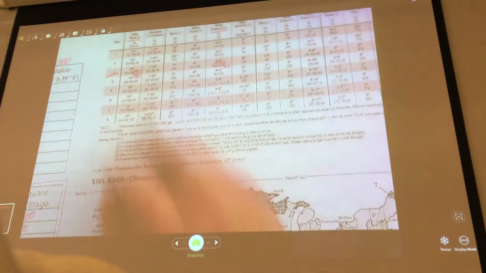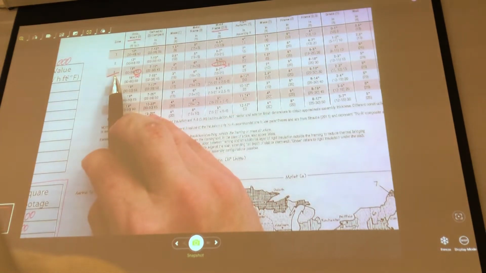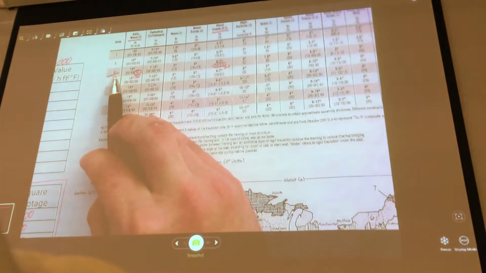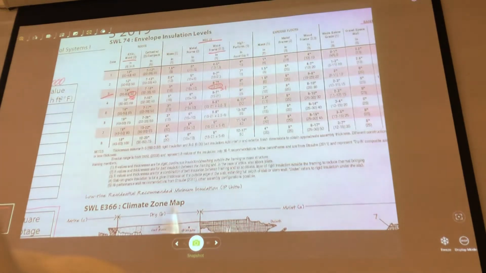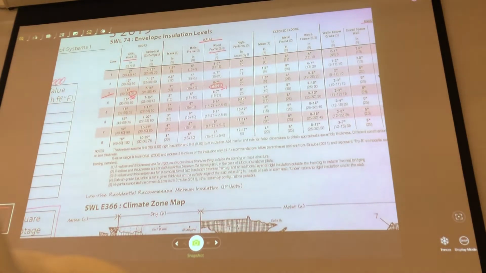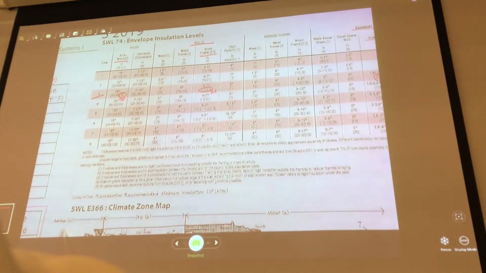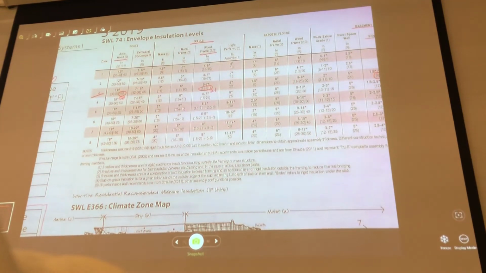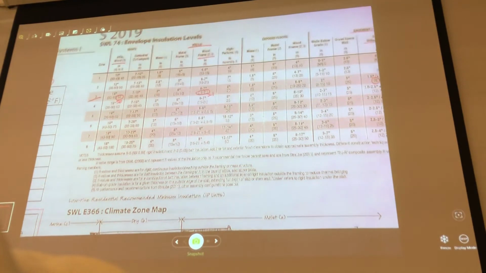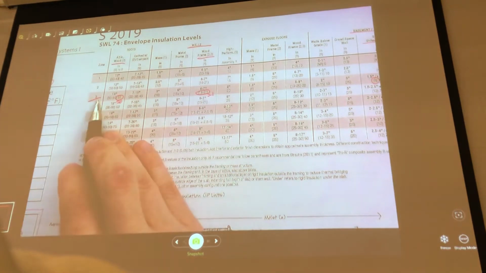So our climate zone is a climate zone 3. The reason it's B is because we're in a, well, dry and arid climate. That's pretty much the only difference between A and B, whether you're in moist, dry, or marine. So if you're in California, primarily. So 3B, we're in climate zone 3.